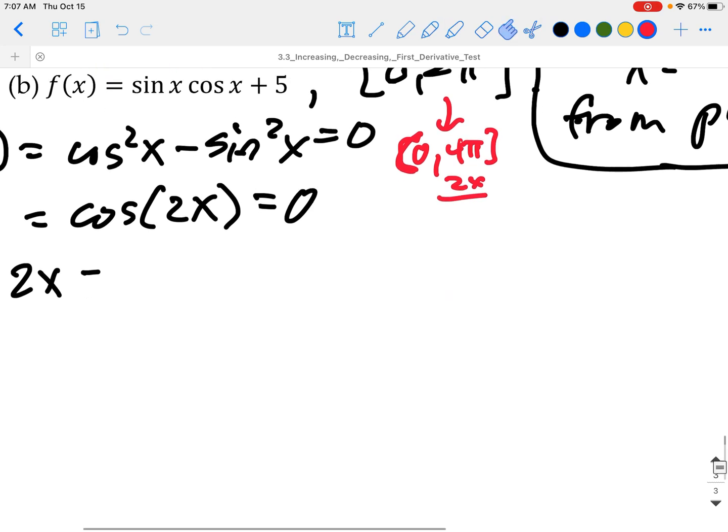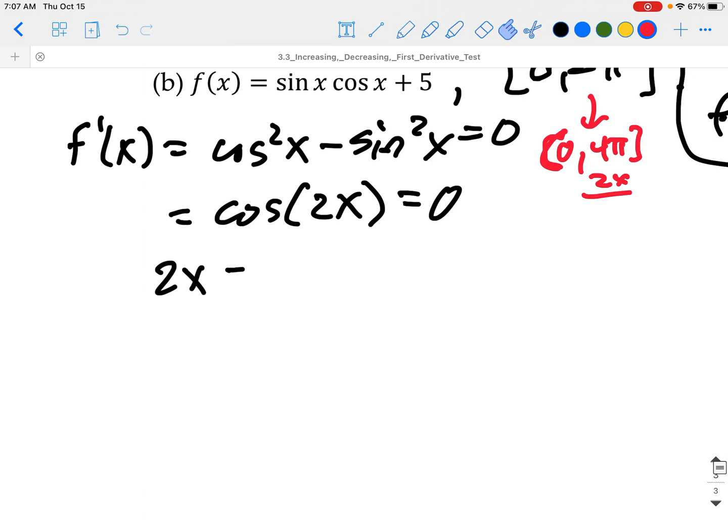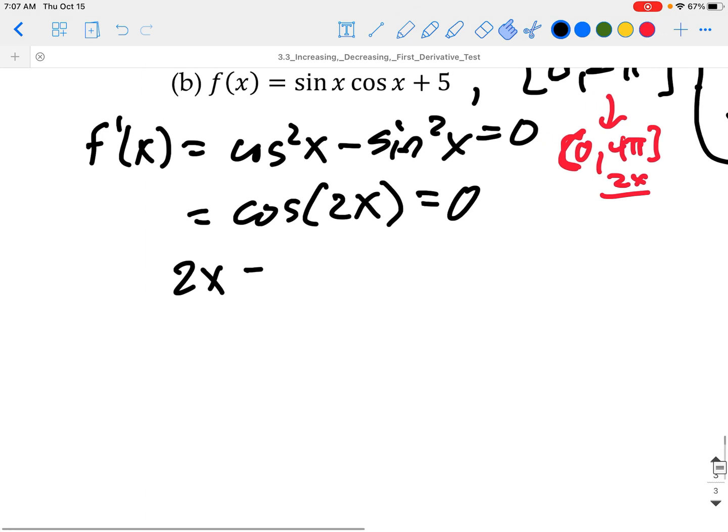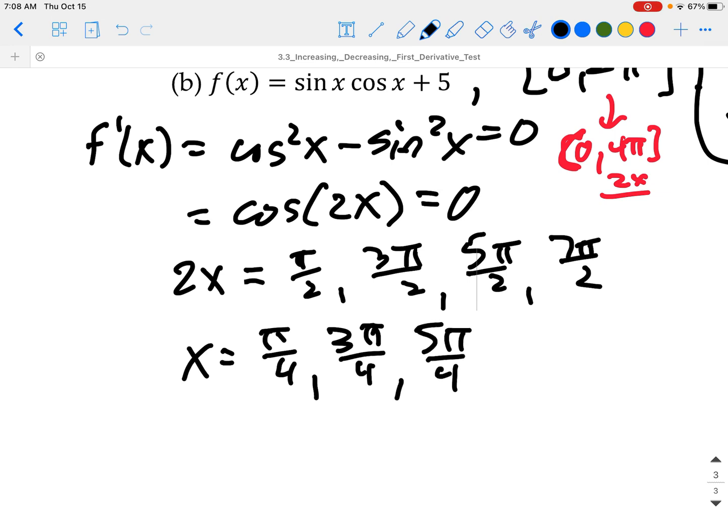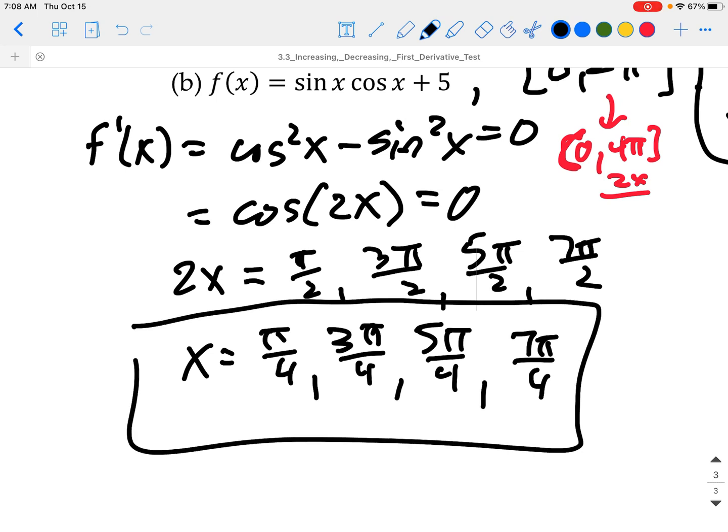So then we're going to end up with 2x equals our cosine of 0, which is going to be pi over 2, 3 pi over 2, 5 pi over 2, and 7 pi over 2. And then we'll divide all of our solutions by 2. So we get x is equal to pi over 4, 3 pi over 4, 5 pi over 4, and 7 pi over 4, which are all of our 45-degree angles.